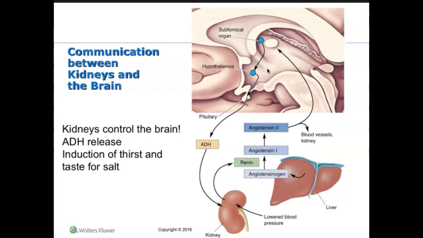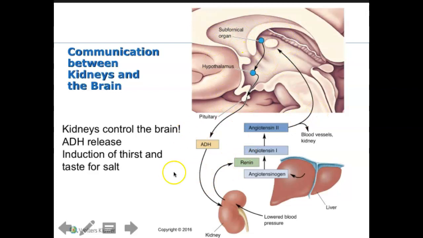You know that the brain is kept behind the blood-brain barrier, but in this case, these circumventricular organs, such as the subfornical organ, are areas where large molecules, for example proteins or hormones, can actually get into the brain.